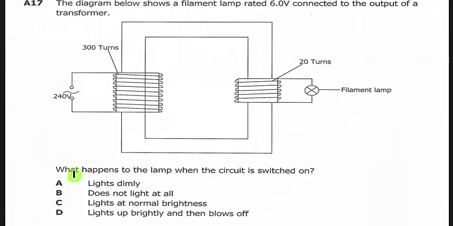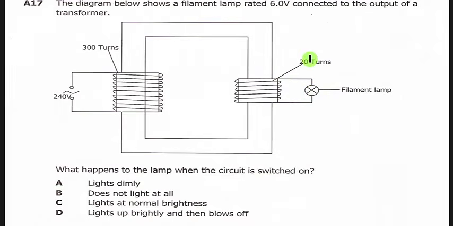Then they're saying what happens to the lamp when the current is switched on. You know that this transformer has 300 turns, and the voltage passing here is actually 240. Then here we know there are 20 turns, and this one is rated 6 volts.